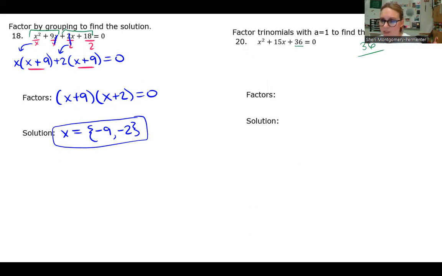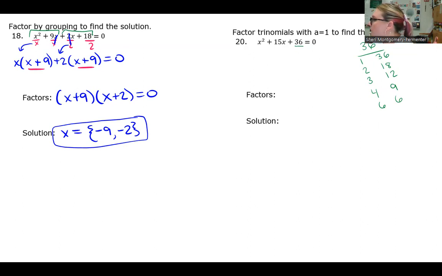36 has quite a bit of factors. I always start with 1. So 1 and 36, 2 and 18, 3 and 12, 4 and 9, 6 and 6. Can y'all think of any others? 36 and 48 have a lot of factors.